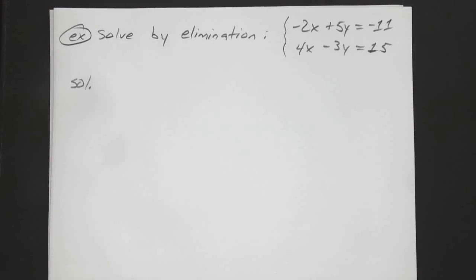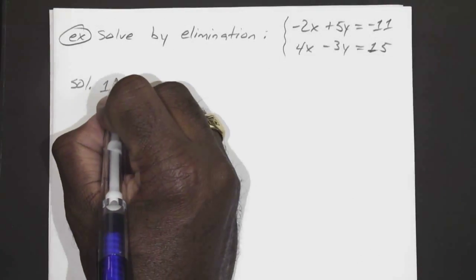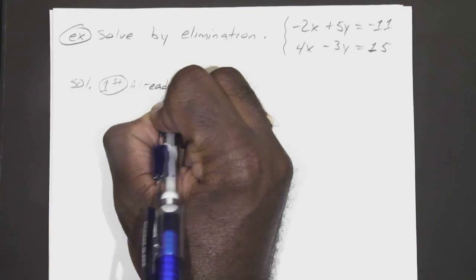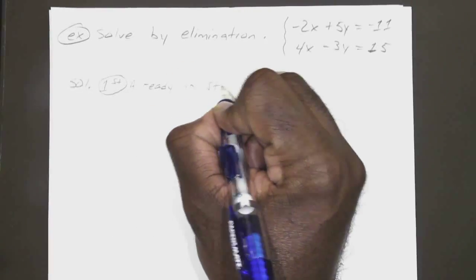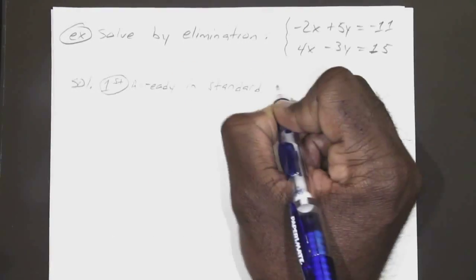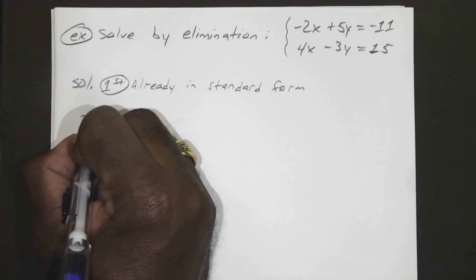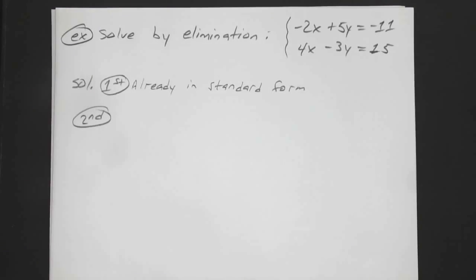Okay. Now for this one, it's already in standard form. All the variables are already on the left. Okay. So that step you're good at. Now if you look at it, if you added it together, you wouldn't eliminate any of your variables. So you know you're going to have to multiply something by something. Okay.